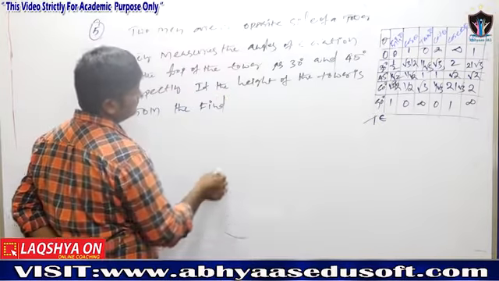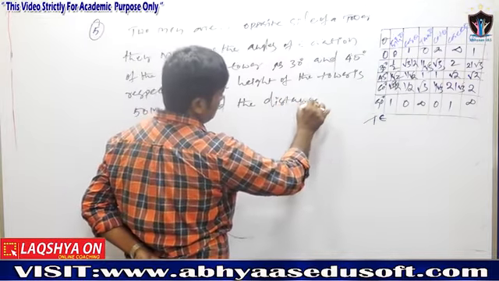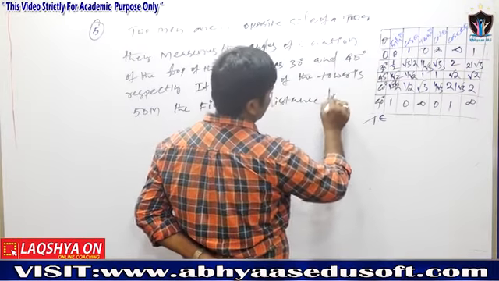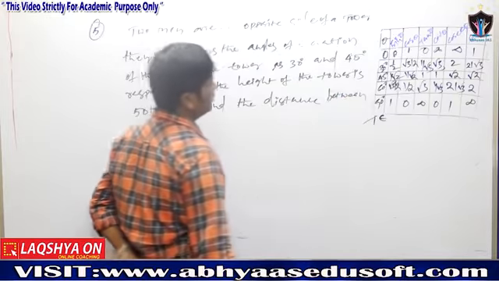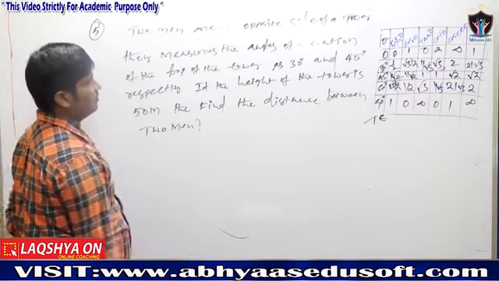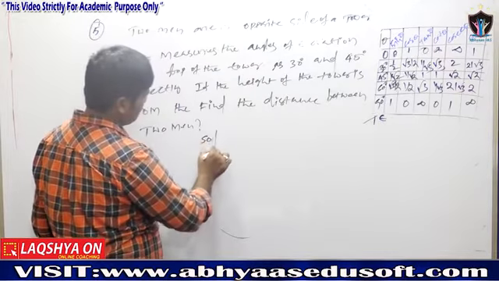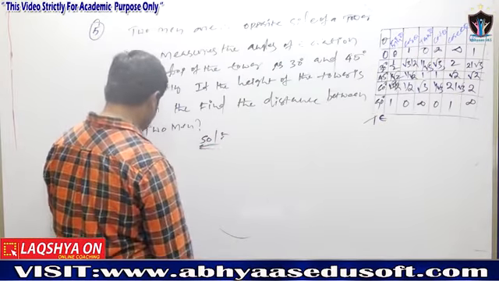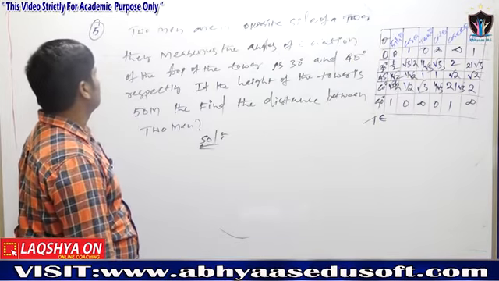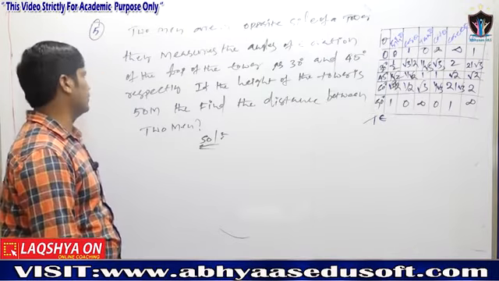Find the distance between the two men. Now two men are on opposite sides of a tower, and they measure the angles of elevation of the top of the tower as 30 degrees and 45 degrees respectively.